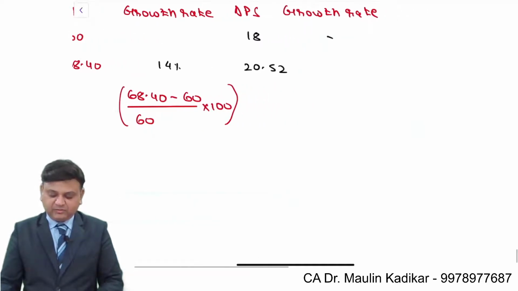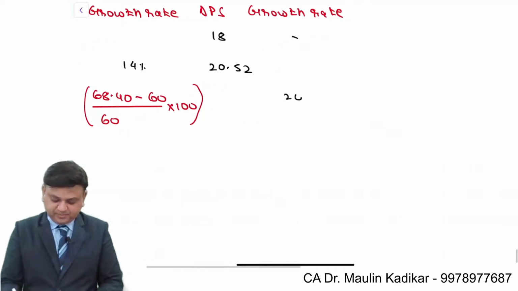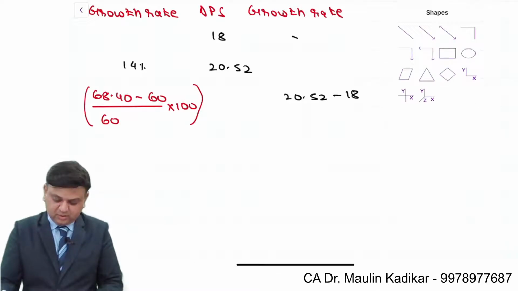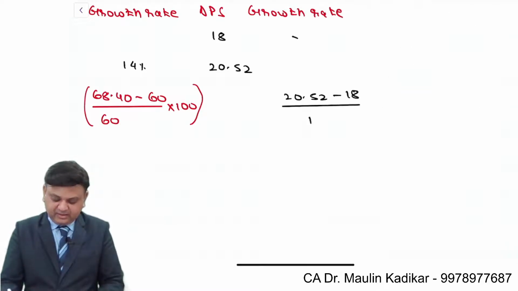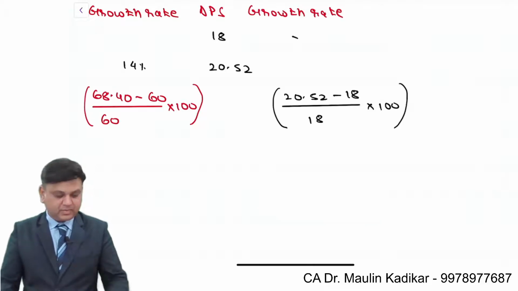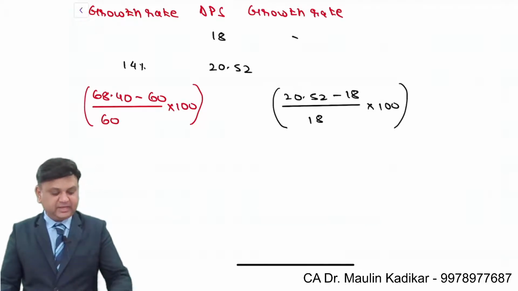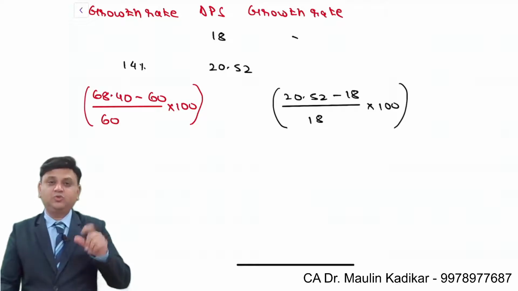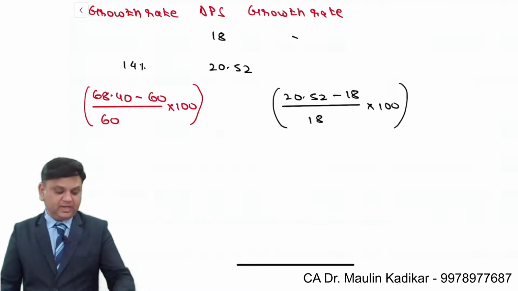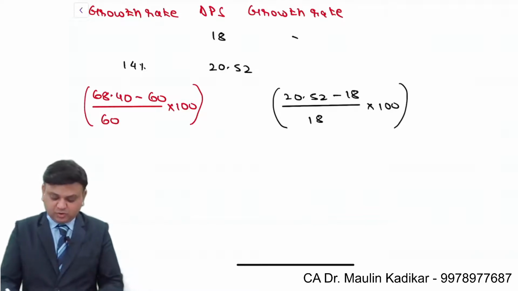So again growth rate will be calculated like this. 20.52 minus 18 whole divided by 18 into 100. So 20.52 minus 18, that 2 rupee 52 paise is indicating the increase over 18 rupees. So that comes to the growth rate of 14% once again.